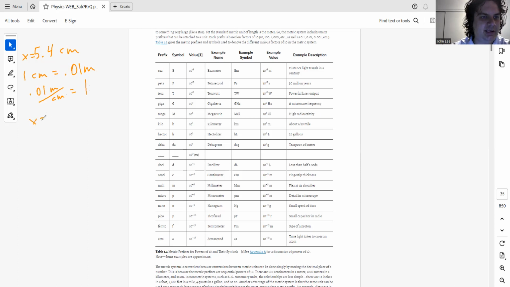So x equals 5.4 centimeters times 0.01 meters per centimeter is going to be equal to 5.4 times 0.01 centimeters per centimeter, which is just equal to 1, times meters, which is going to be equal to 0.054 meters.